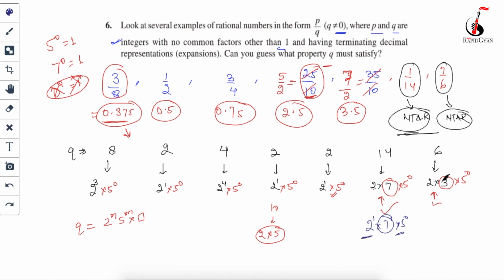Here also, apart from 2 and 5, 3 is also coming. Q is saying that if only 2 and 5 are there, then the decimal expression of that rational number will always be terminating, otherwise it will be non-terminating and repeating. Understand? Okay, let's go to the next question.